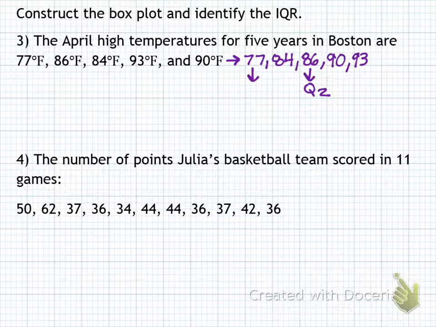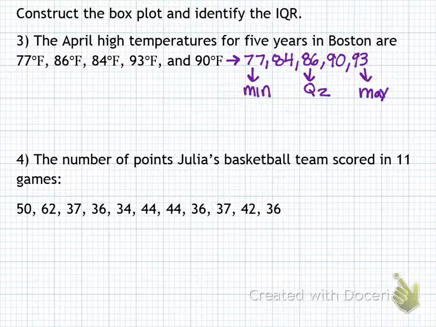77, what's special about the number 77 here? It's the minimum. Good. So the min, what's the max here? 93. Okay, and then now we only have 5 pieces of data, so it's not as interesting, but we could still do this.